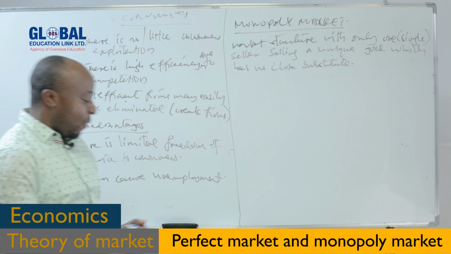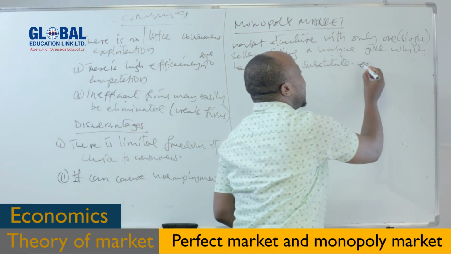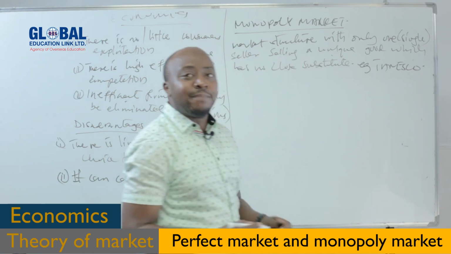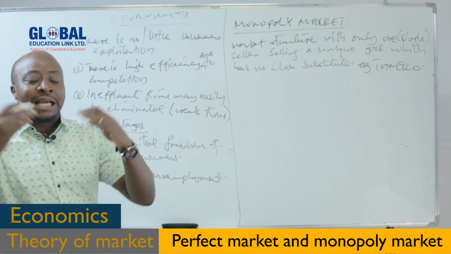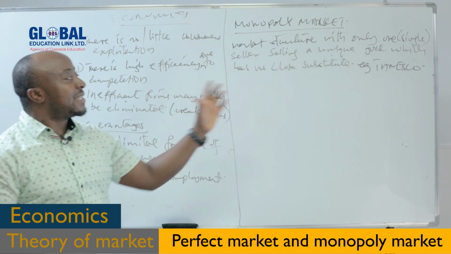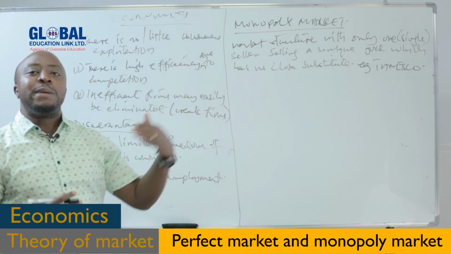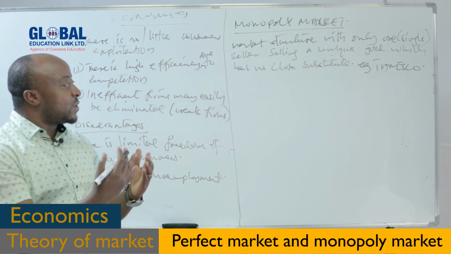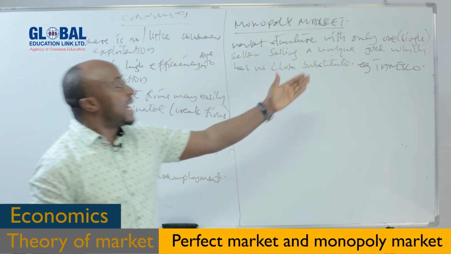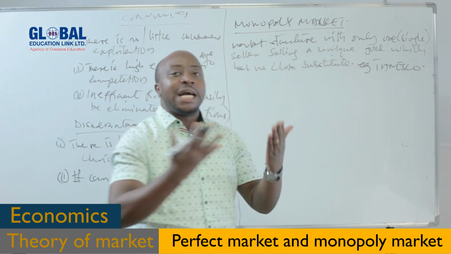Let's say, for example, we have the service provided by TANESCO. TANESCO is the monopoly supplier of electricity in Tanzania because there is no other company or individual who has been given authority to produce and supply electricity in Tanzania. So TANESCO emerges as a monopoly.